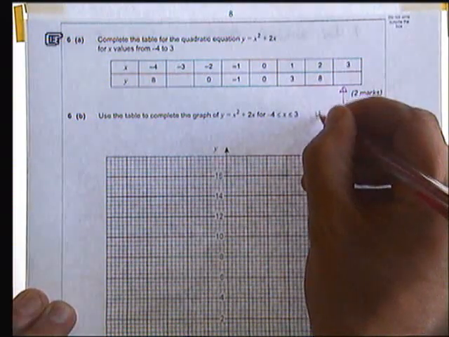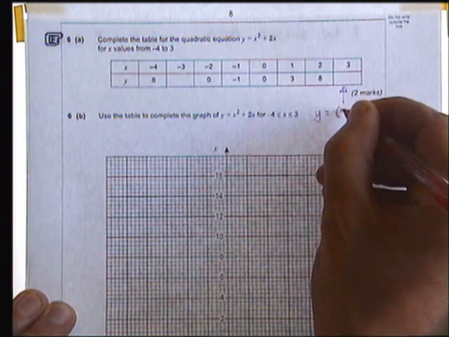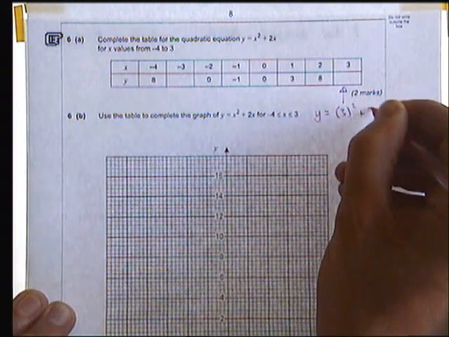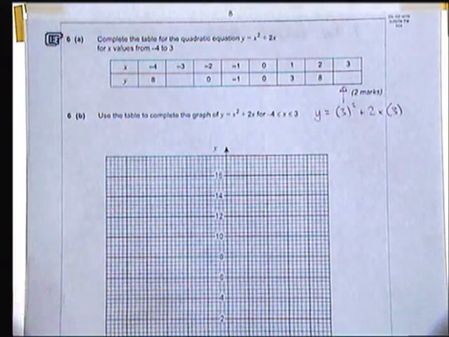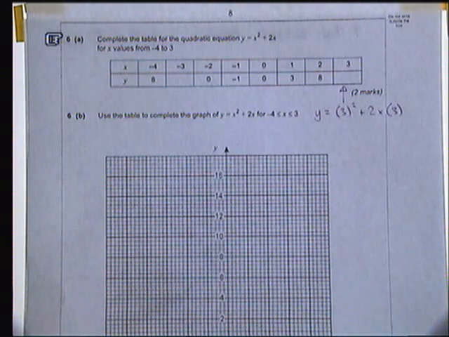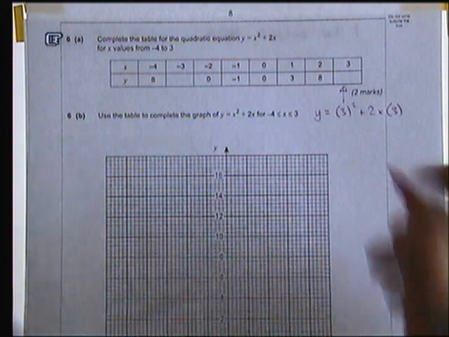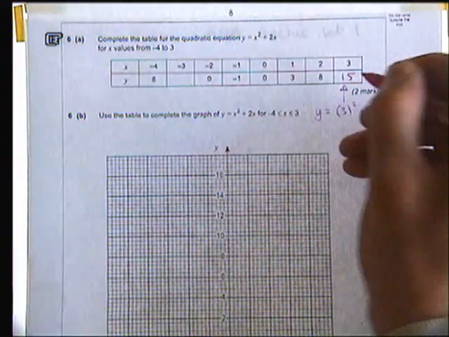So I'm going to work out the number that goes in there. I've got to use the formula y equals x squared plus 2 lots of x, and what I've done is just substituted 3 for x in that formula. If you literally type that on your calculator, you will get 9 plus 6, which is 15.